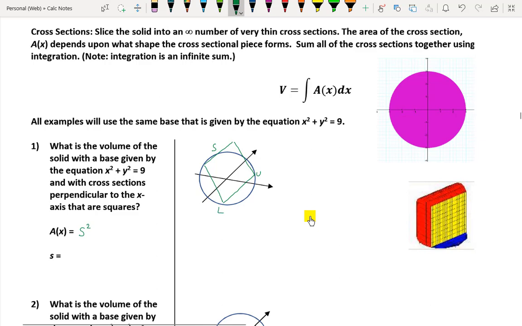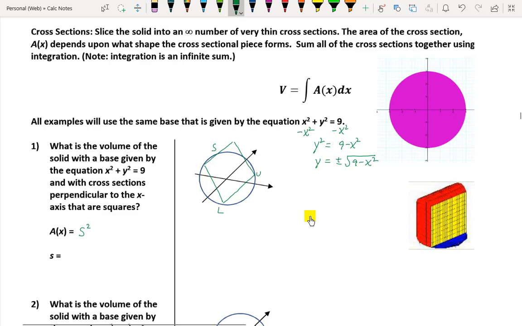In order to do that, we need to get this function in terms of y. We're going to start off by subtracting x squared on both sides. We have y squared equals 9 minus x squared. If we square root both sides, we get y equals positive and negative square root of 9 minus x squared.